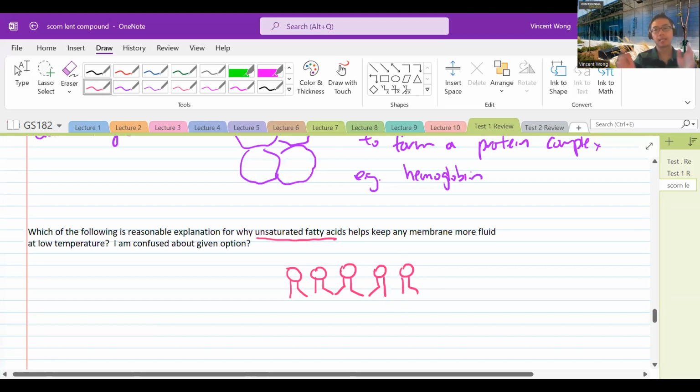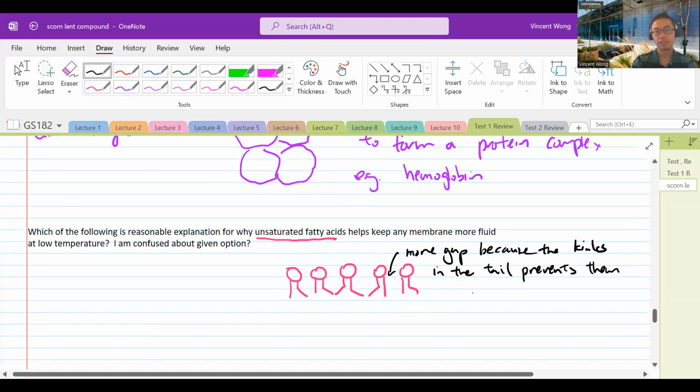Instead, there are more gaps between the molecules, because the kink in the tail prevents them from packing together too closely. So if you have a membrane that has more unsaturated fat, it is going to be more fluid.